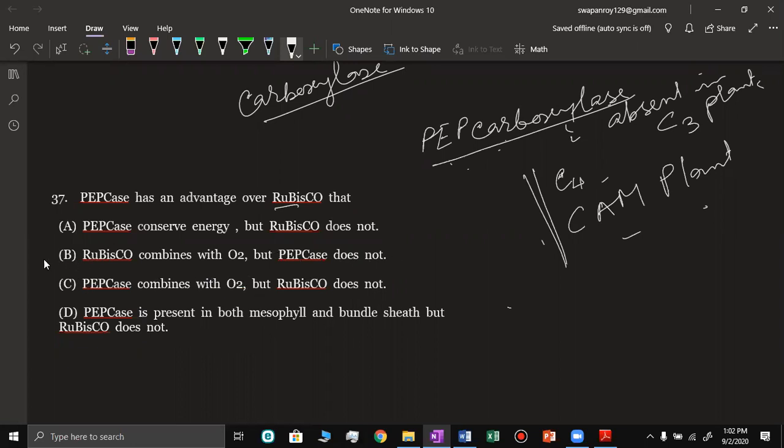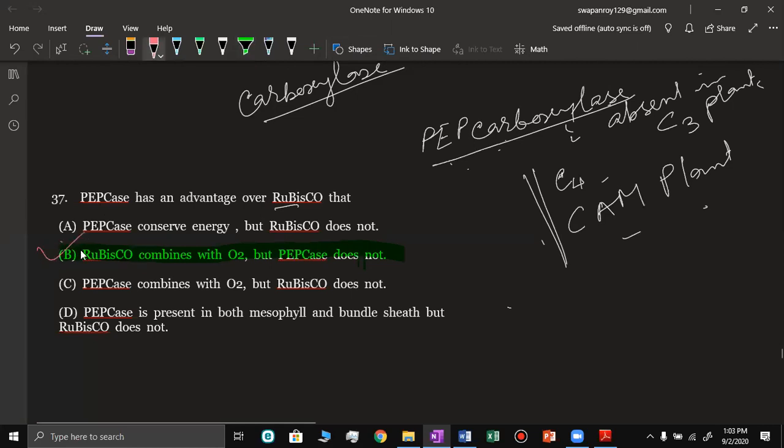See, Rubisco, this one will be the answer. Rubisco combines with carbon dioxide as well as oxygen, but PEP carboxylase never combines with oxygen. It combines only with carbon dioxide.